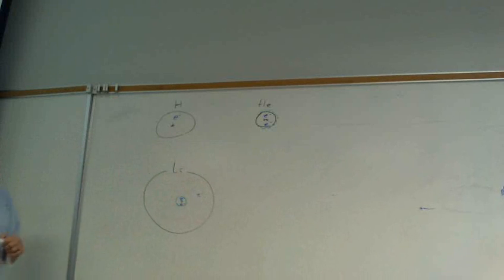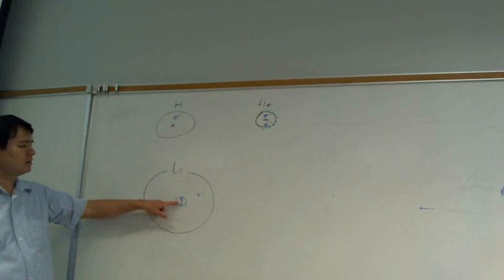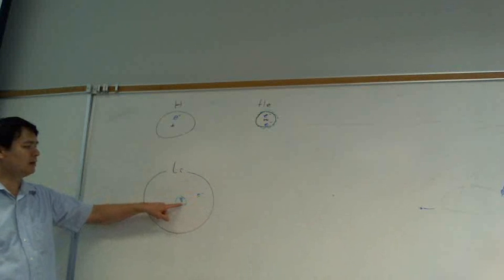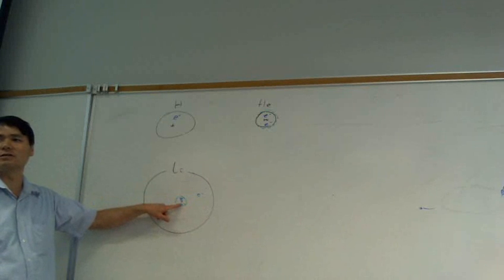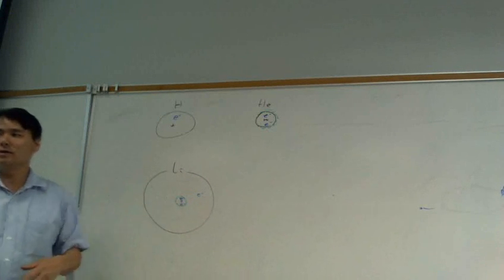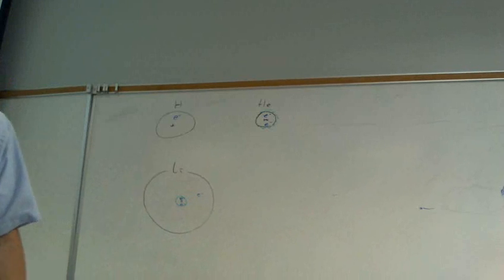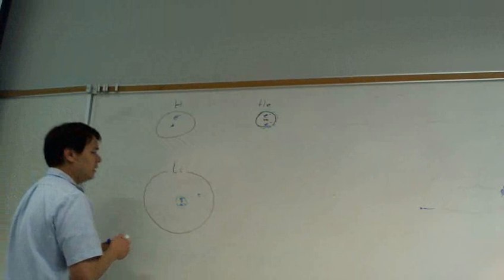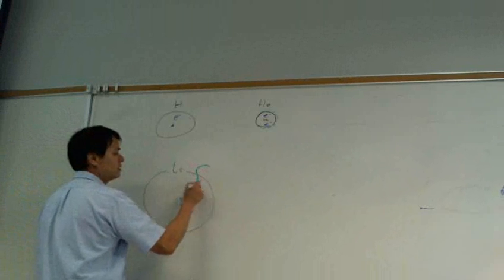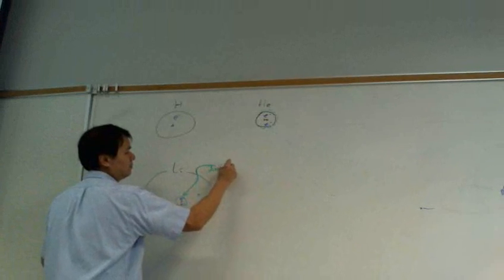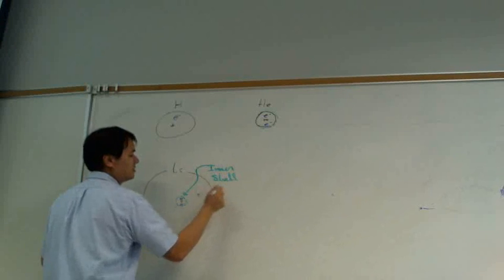And so you've got to think, well, with 3 protons in the nucleus, why isn't that 2s electron being pulled in more tightly? There are 3 protons there. And the reason is, did you guys write this down? The reason is because of shielding. Inner shell electrons are effective shielders.